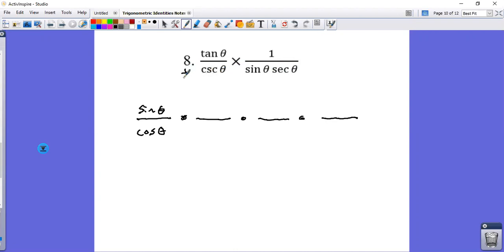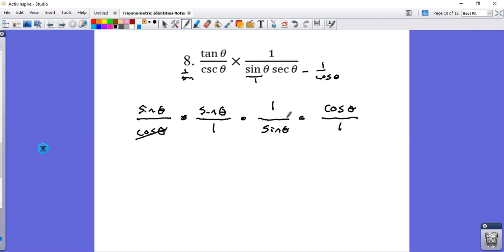Cosecant, which is 1 over sine, I'm going to have to write as sine over 1. Sine, which is usually sine over 1, in the denominator would be 1 over sine. Secant, which is 1 over cosine, since it's in the denominator, I'm going to write as cosine over 1.